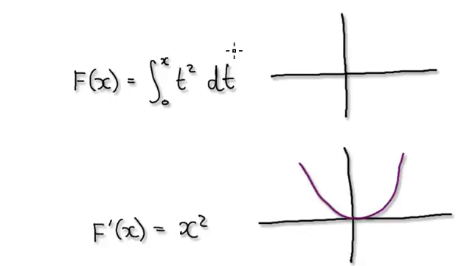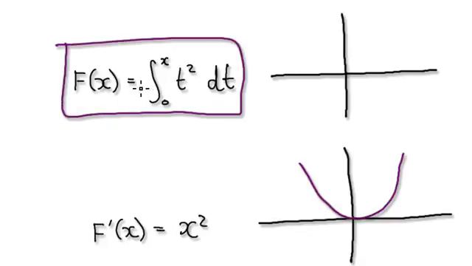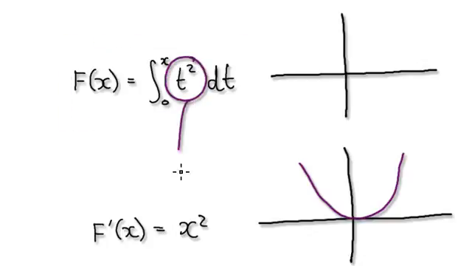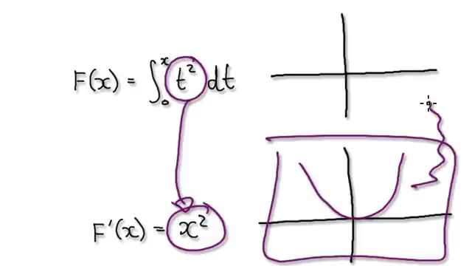Okay, so this whole thing here is a bit like me giving you this. I'm trying to express a new function here, but I've given it to you in this form. So really, all that I've given you is that the derivative must be x squared. You have to somehow get to the original function.